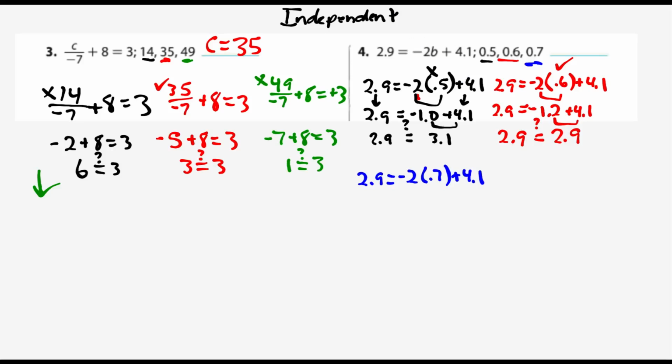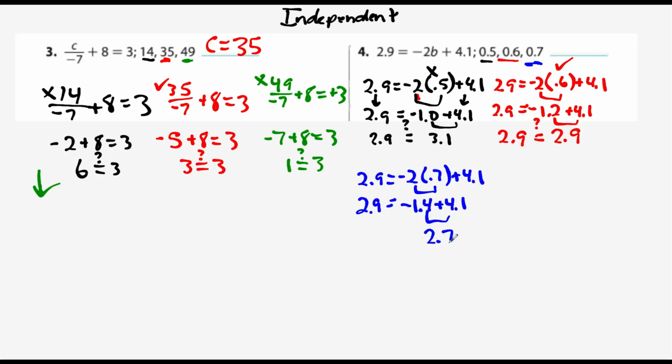But again, we're not lazy, so we're going to try the third one, which I guess I should have done in green. I just realized. It's okay. Negative 2 times 7 would be 14. Again, there's a decimal point, so 1.4 plus 4.1 equals 2.9. Add these together, but different signs, so we subtract.